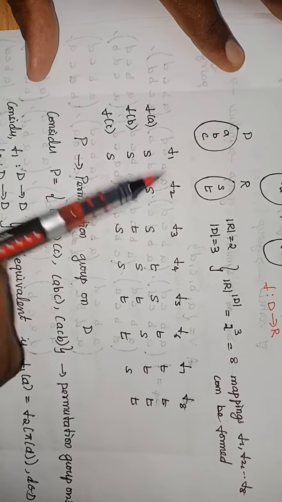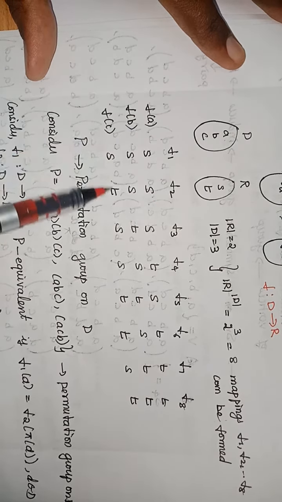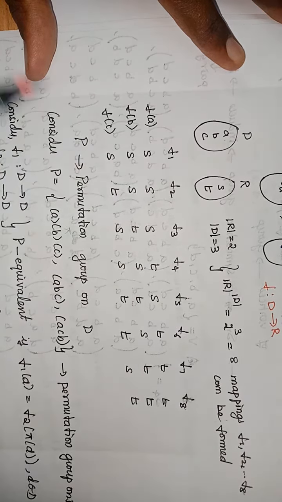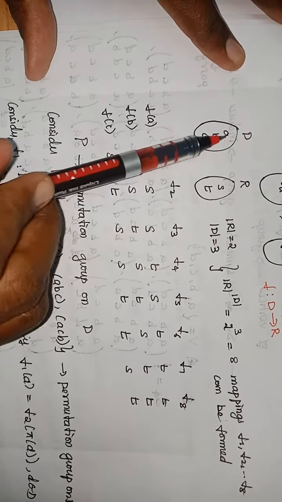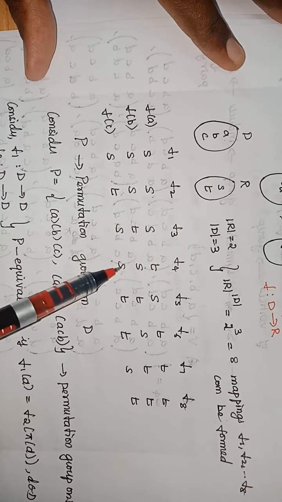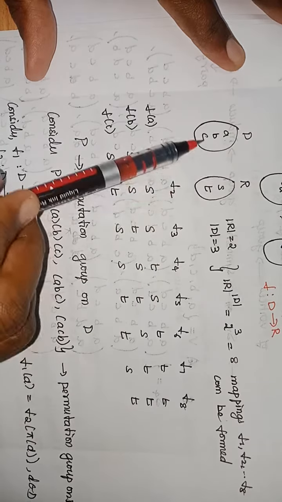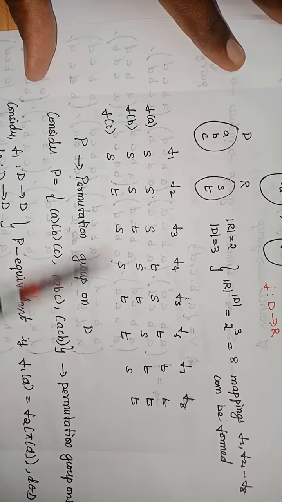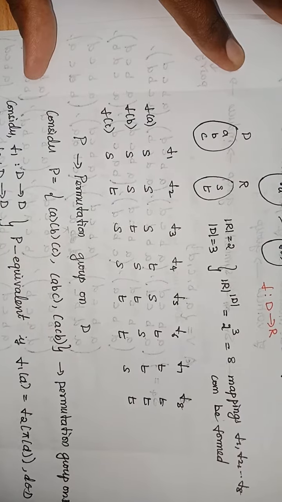F2 maps A to S, B to S, C to T. The third mapping maps A to S, B to T, C to S. A and C map to S, B maps to T. The fourth function maps B and C to S and A to T. The fifth one maps B and C to T, A to S. A alone maps to S, these two map to T.